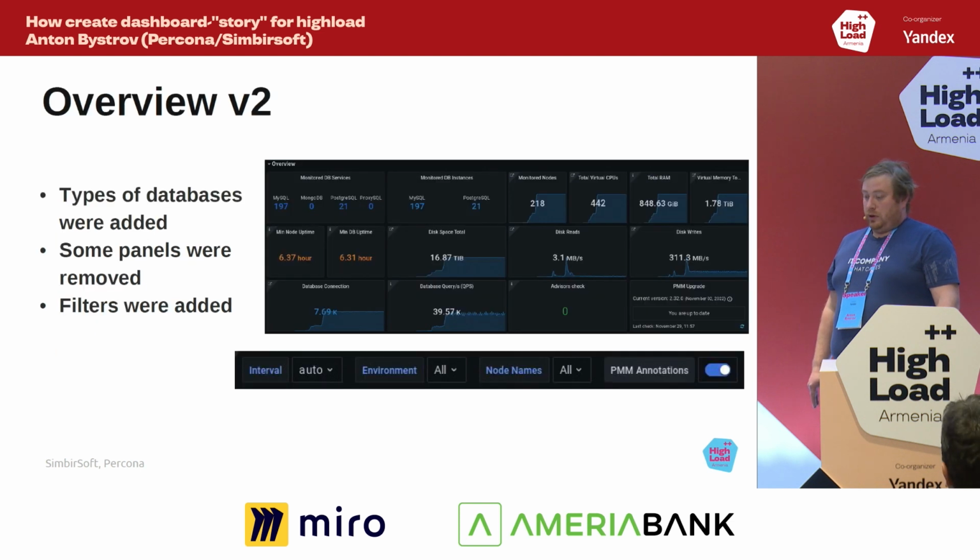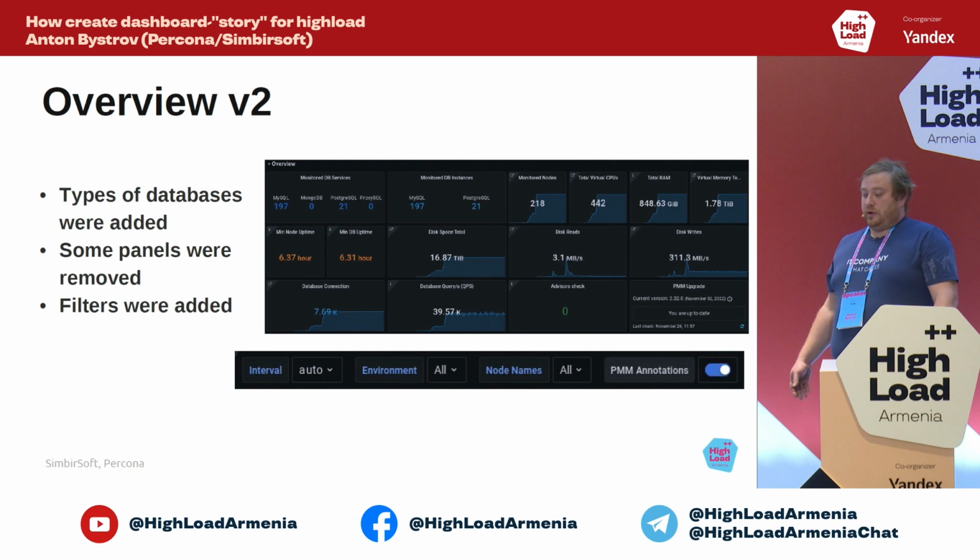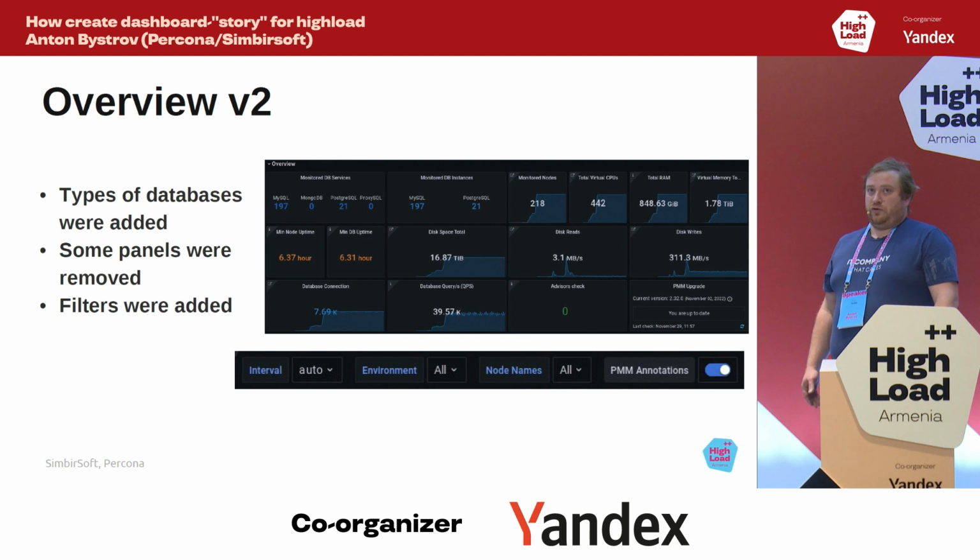Okay, and we also changed some things in our overview panel. We added detailed information about what kind of database we have in our monitoring system. We removed some panels because they were unused after feedback. And our feature, we added filters to the dashboard story. What does it mean? We added an environment filter.